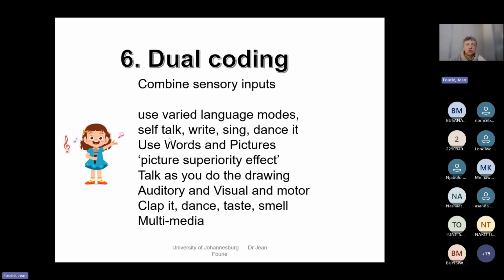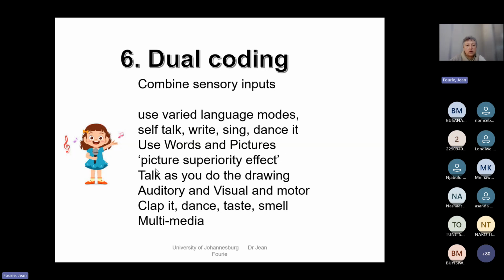Self-talk is a very useful strategy when you're doing all sorts of things. You're doing a maths calculation, you need to be speaking to yourself in your head. If I add this and subtract that or multiply this, you're constantly having this metacognitive dialogue, and that's also part of the sensory input. We're writing things, singing them, dancing, using pictures and words, and drawing things. We're using auditory, visual, motor, multimedia, as many different codes as we possibly can.